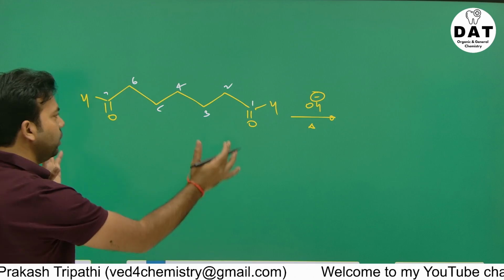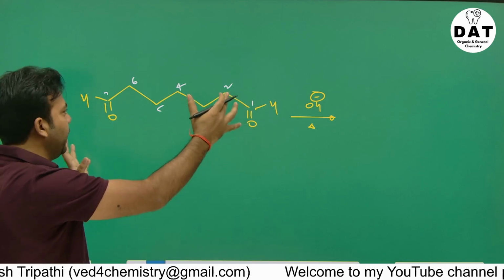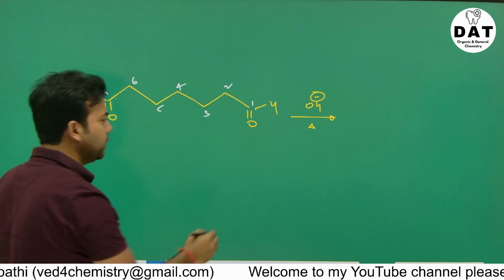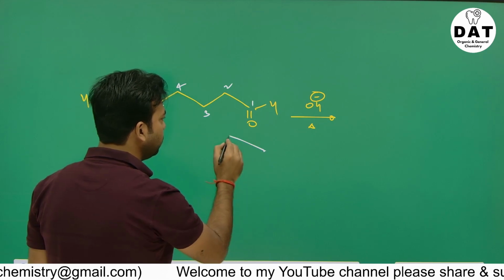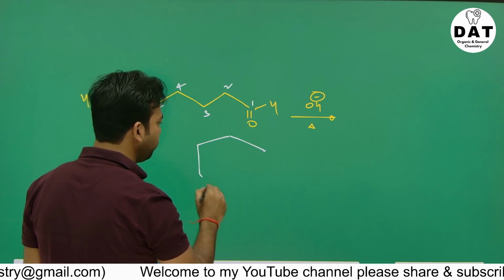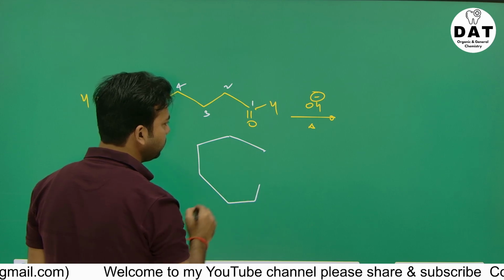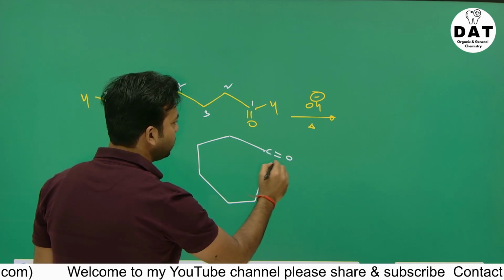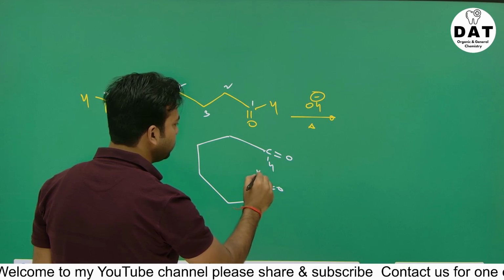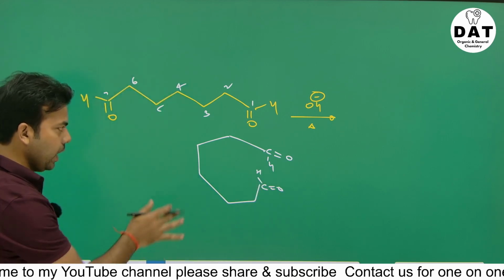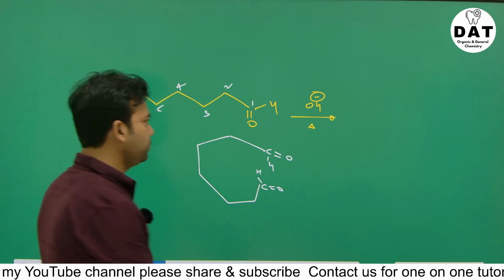So you can keep both the aldehyde and ketone quite close to each other like this, 1, 2, 3, 4, 5, 6, 7, C double bond O, C double bond O, like this. Makes sense? I used the cyclic form in this way.